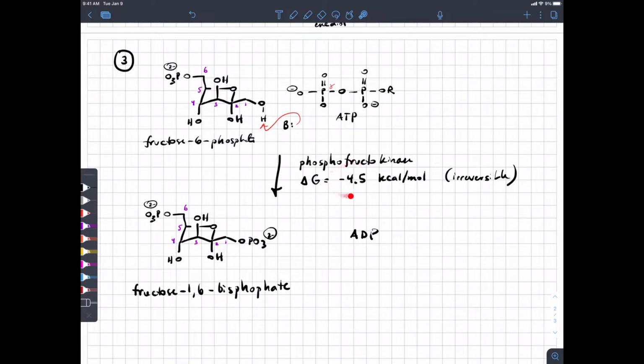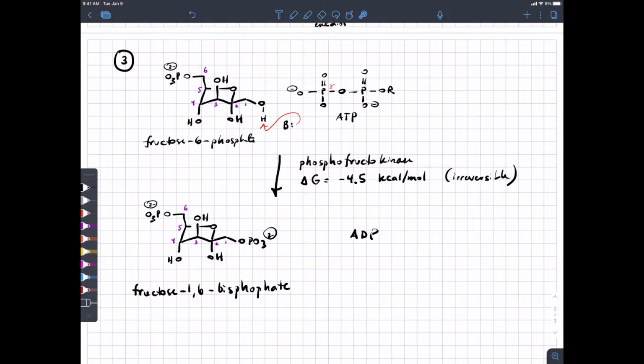But a good rule of thumb in interpreting free energies is that a difference in free energy of about 1.4 kilocalories per mole translates at room temperature to about a factor of 10 in equilibrium constant. And so this is multiple factors of 10, perhaps 1,000 times favoring products versus starting materials here. So this is quite downhill.